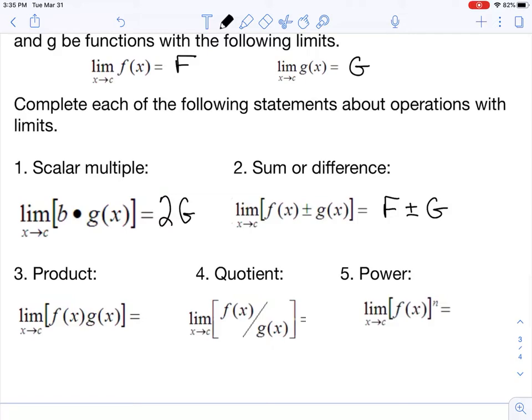I think you can probably guess what's going to be the product. F times g. And the quotient, f over g, provided g does not equal what value?